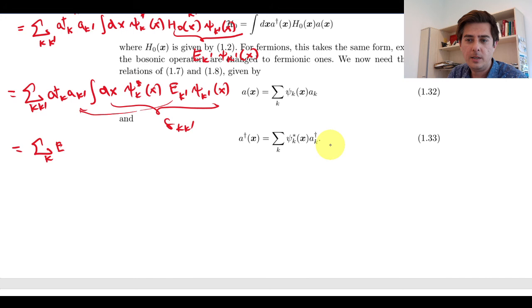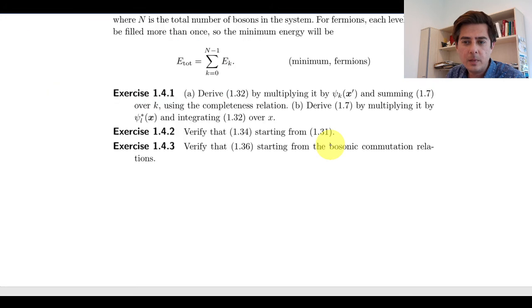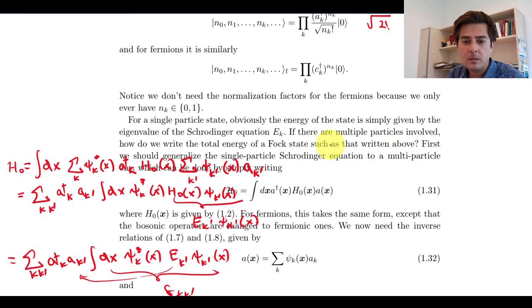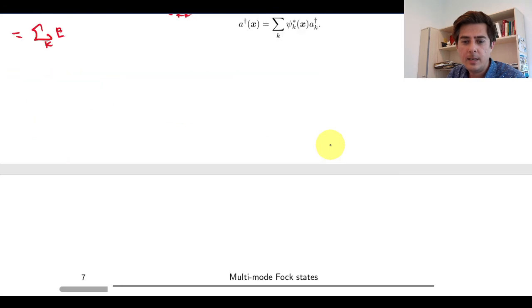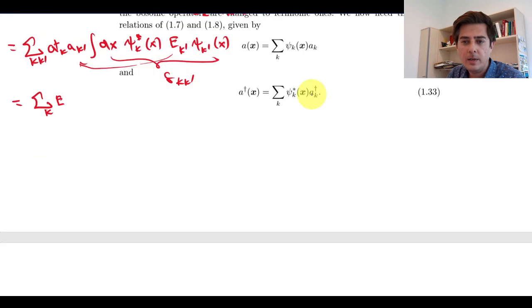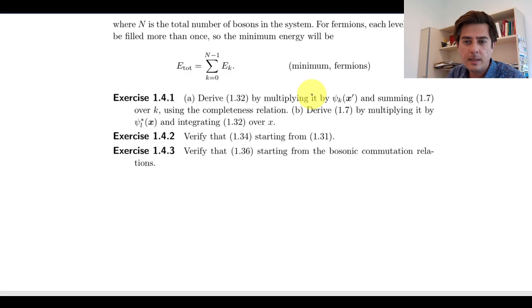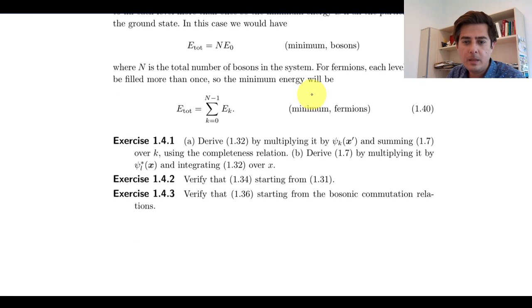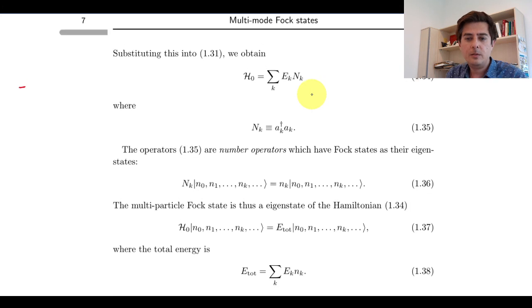Okay, and 1.34 I think we did. So basically trying to get 1.34 from 1.31, we already did that one, and then verifying 1.36. I think this one is relatively straightforward. You simply apply this n of k operator.